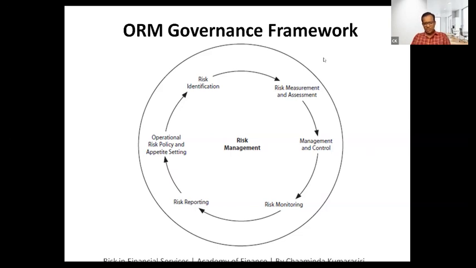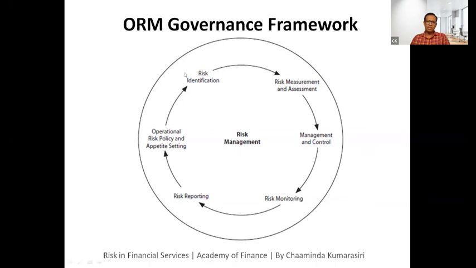Now, if you look at this framework, the starting point is risk identification, right? Risk identification is the starting point. Then we have the risk measurement and assessment, management and control, risk monitoring, risk reporting, then operational risk policy and appetite setting.